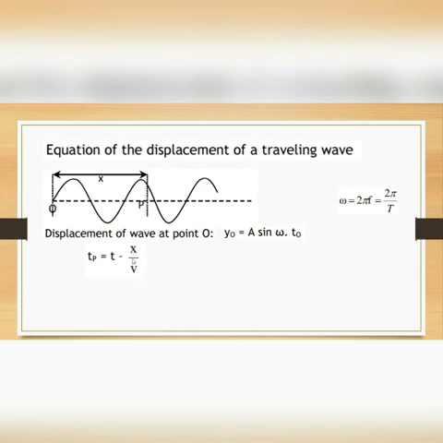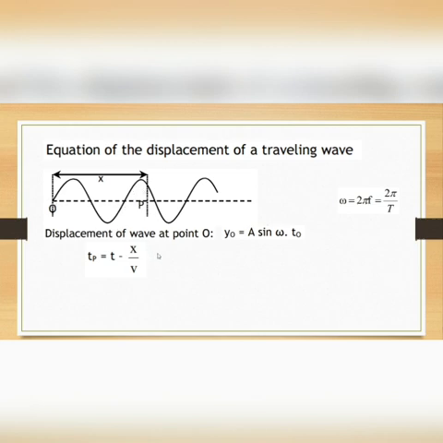Remember that x over v is the time needed so that the wave will be able to reach P from point O. For example, when point O has oscillated for 5 seconds and it takes 2 seconds from point O to point P, then the time point P has oscillated will be 5 minus 2 seconds or 3 seconds.